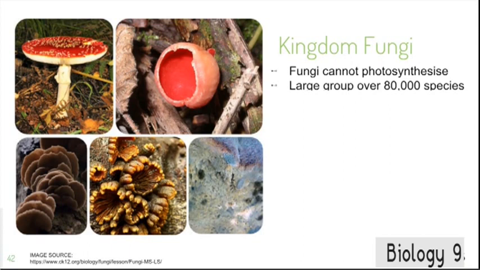It's a very big group with over 80,000 species, varying in size from very small, microscopic, single-celled organisms called yeasts, right up to some enormous structures that are some of the biggest living things in the world.